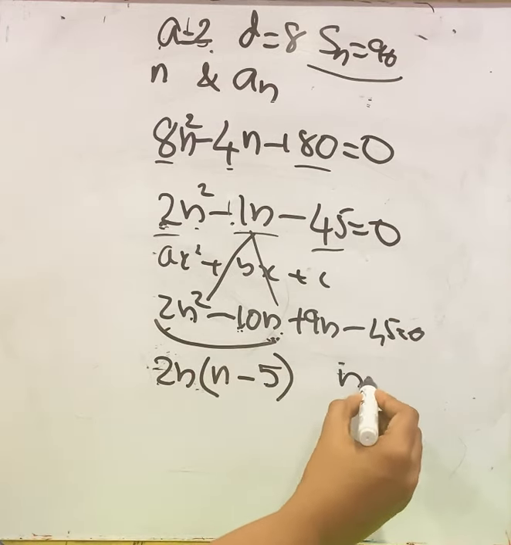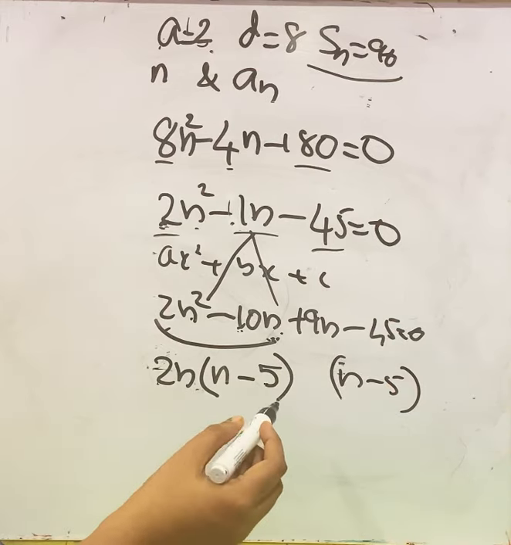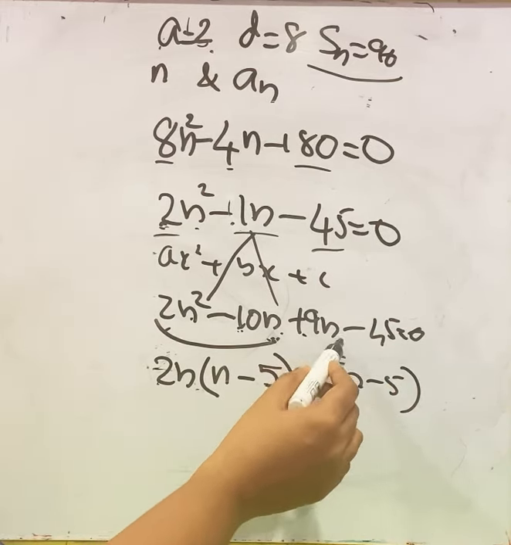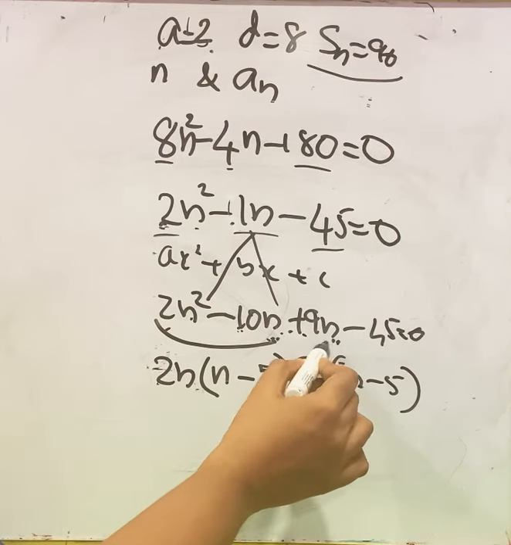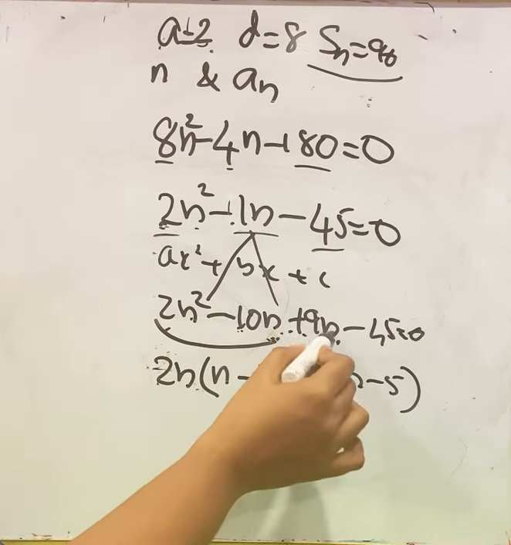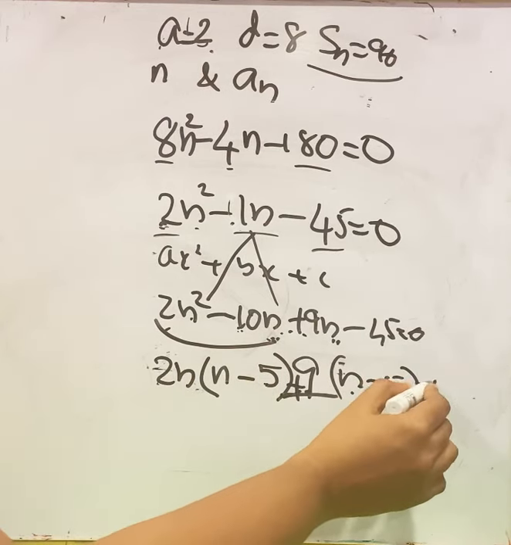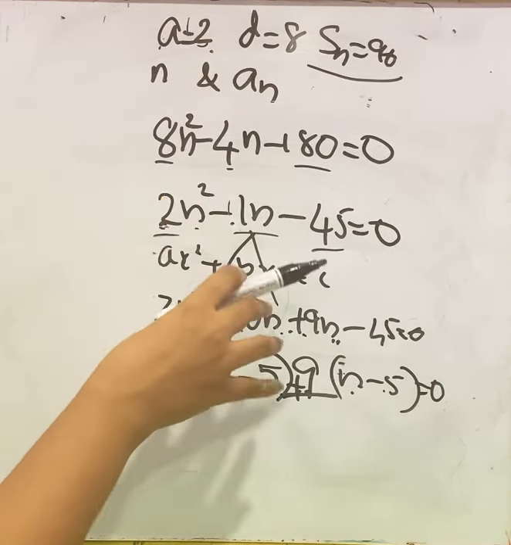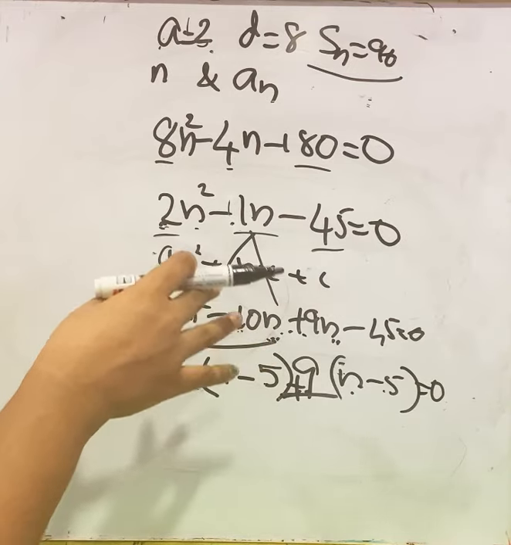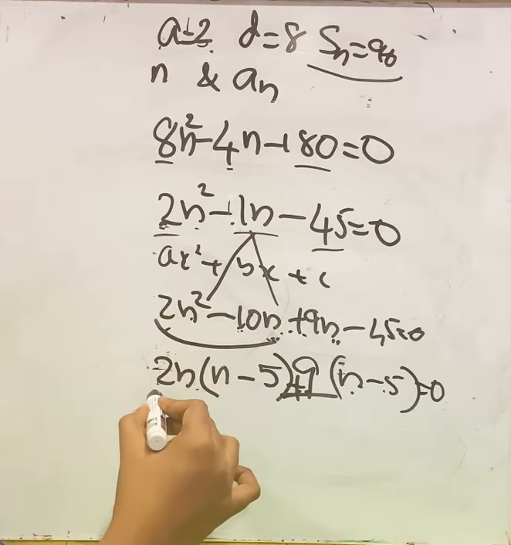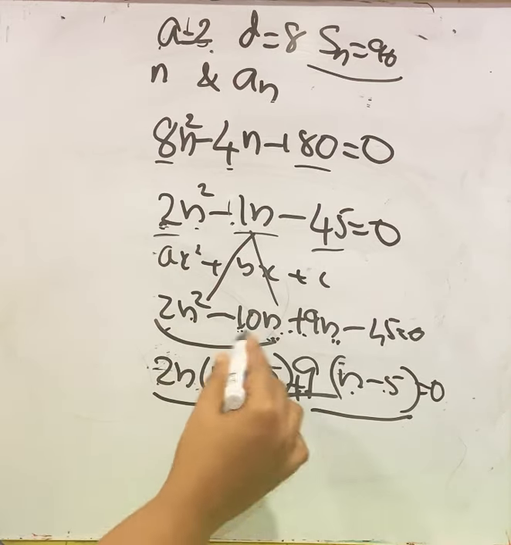Now copy the bracket here, n minus 5. Here we have to put a 9. 9 into n is plus 9n. Plus 9 into minus 5, minus 45 equal to 0. These I have already explained in detail in that chapter, that is solving quadratic equation. Please go through that. Now from these two terms we have the bracket common.